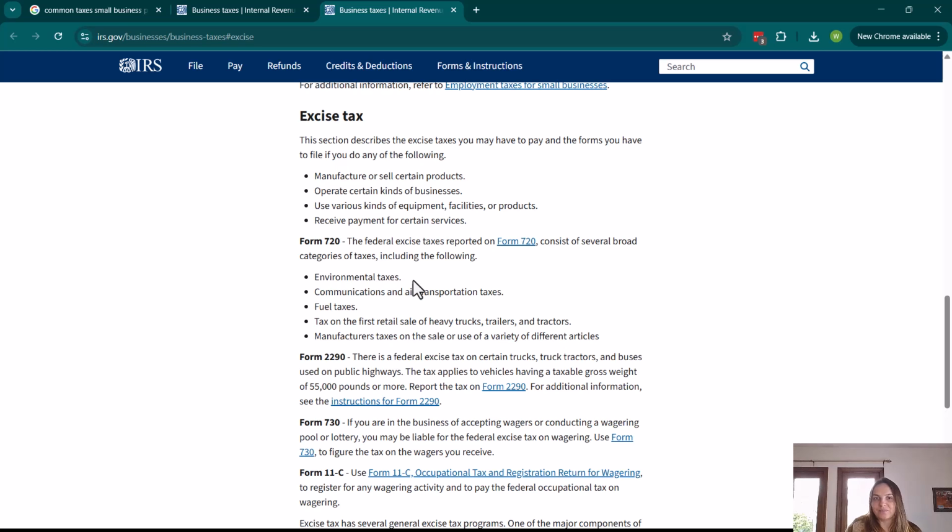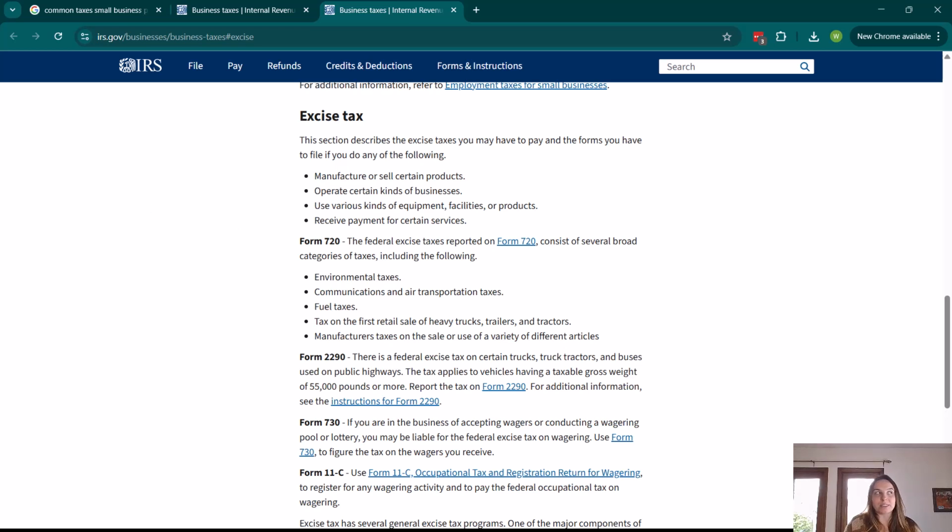Environmental taxes, communication and air transportation taxes, fuel taxes, tax on the first retail sale of heavy trucks, trailers, and tractors, manufacturers' taxes on the sale and use of a variety of different articles. So this goes through the different types of taxes that you may be subject to based on your industry.